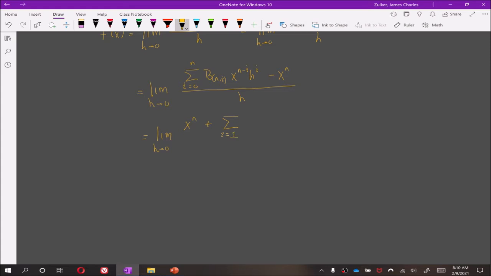Now we start at 1 because we just pulled out the i equals 0 term. The whole reason to do that was so we can cancel out these x to the n's.